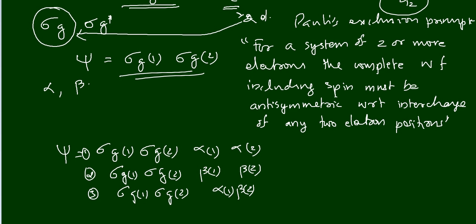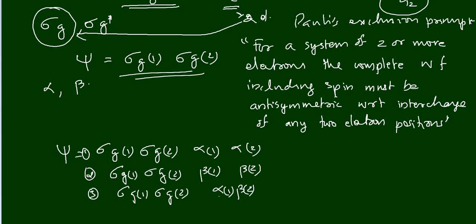Actually nothing should happen to the system because the two electrons are indistinguishable, right? So there should be no change in the square, because the square defines the probability to find the particle in space plus the probability that the electron is in the alpha spin state or beta spin state. So even if the electrons exchange positions, you should get the same probability.